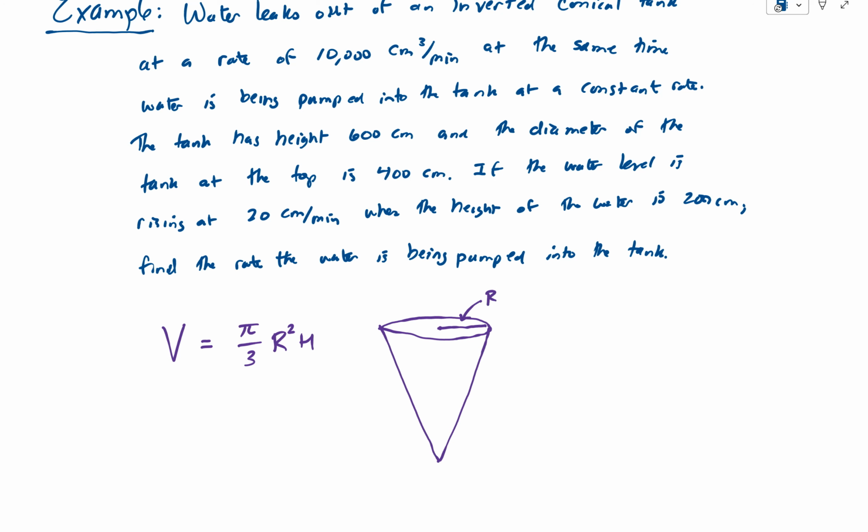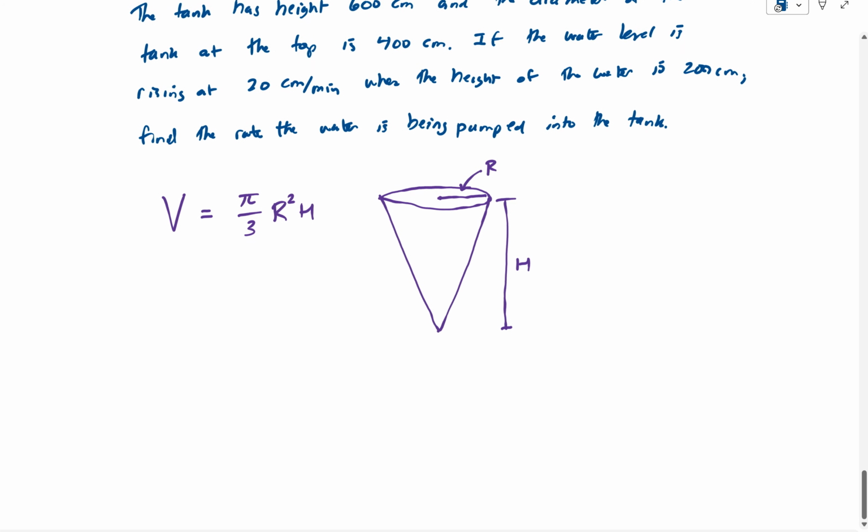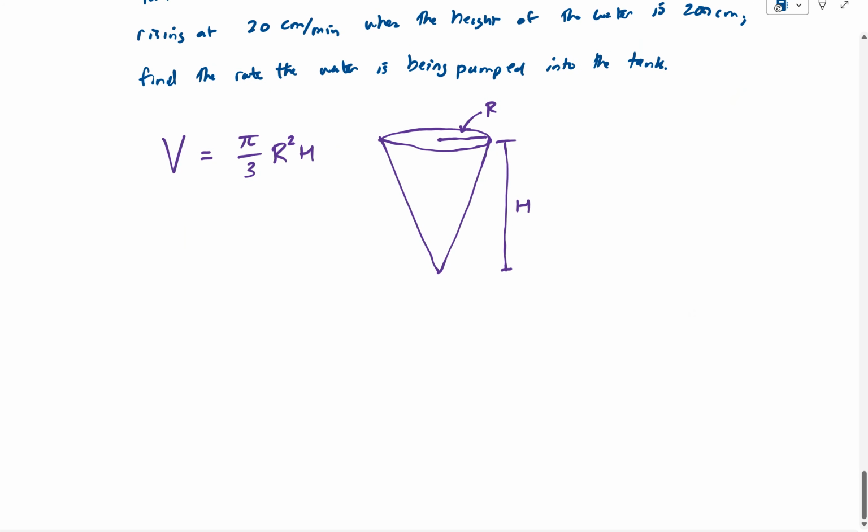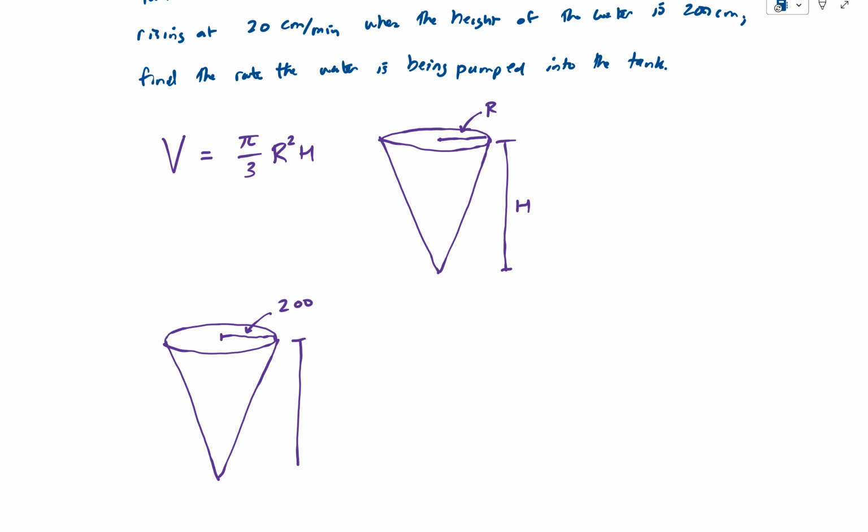So if this is r and this is h, then this is the volume for a cone. Okay, so for our particular cone, we know the diameter here is 400 at the top, so from here to here, this is 200. And I know the height here, we said the height is 600 centimeters.